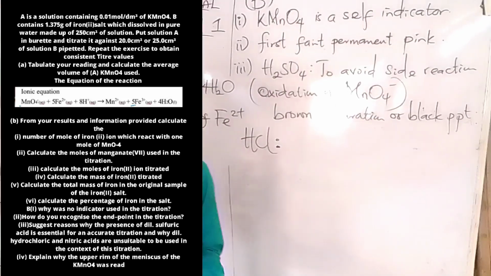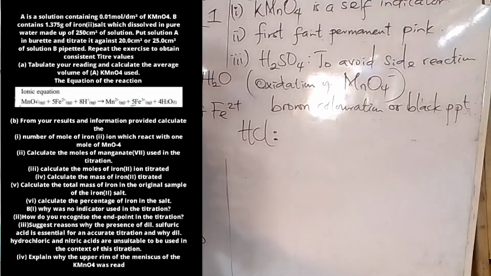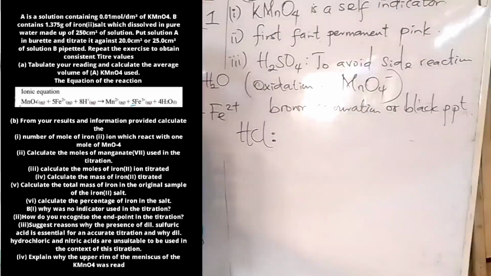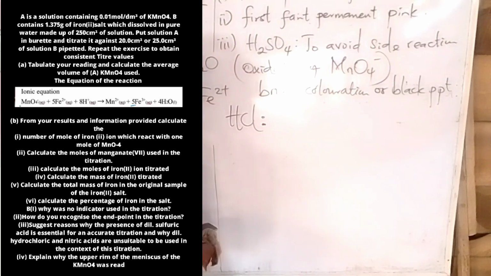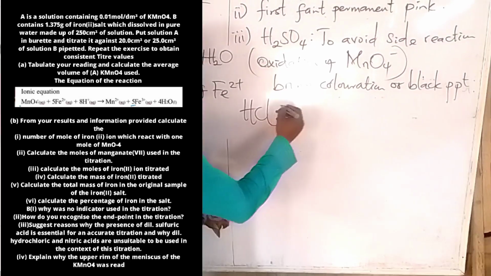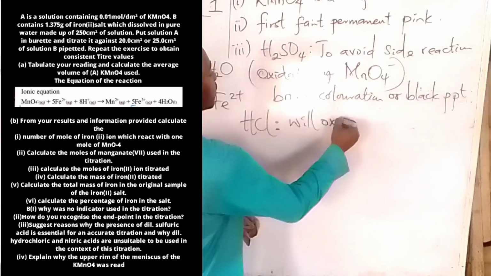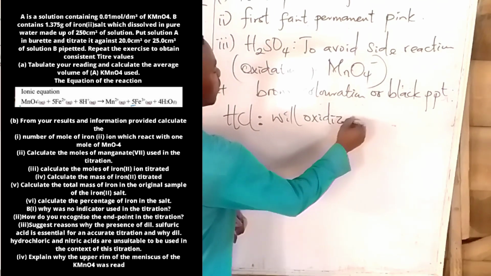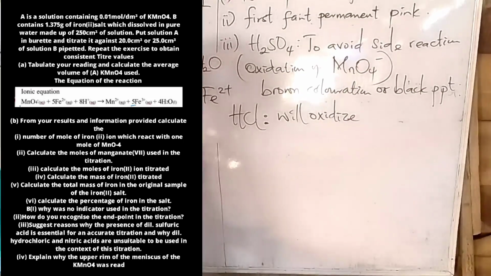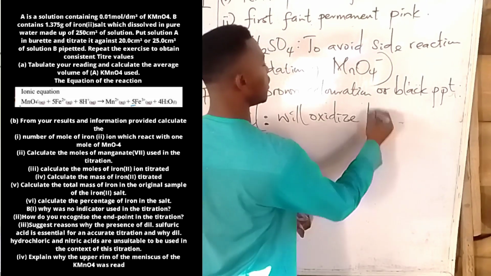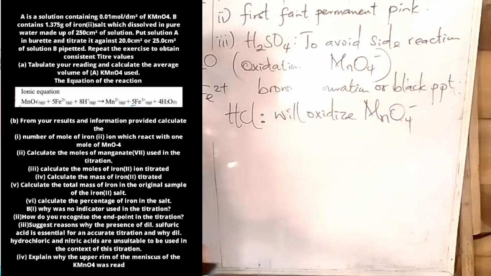Why is it that we do not use HCl or we do not use HNO3? Now take note of this. If we use HCl, HCl will oxidize MnO4 minus.